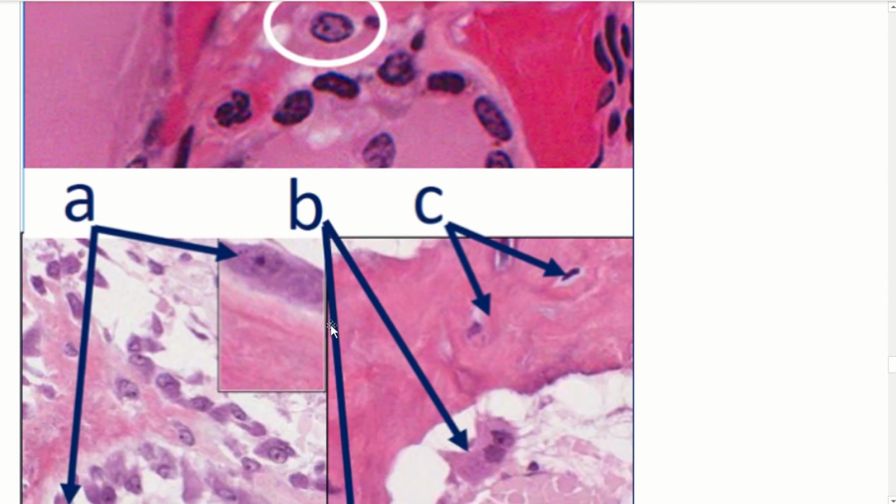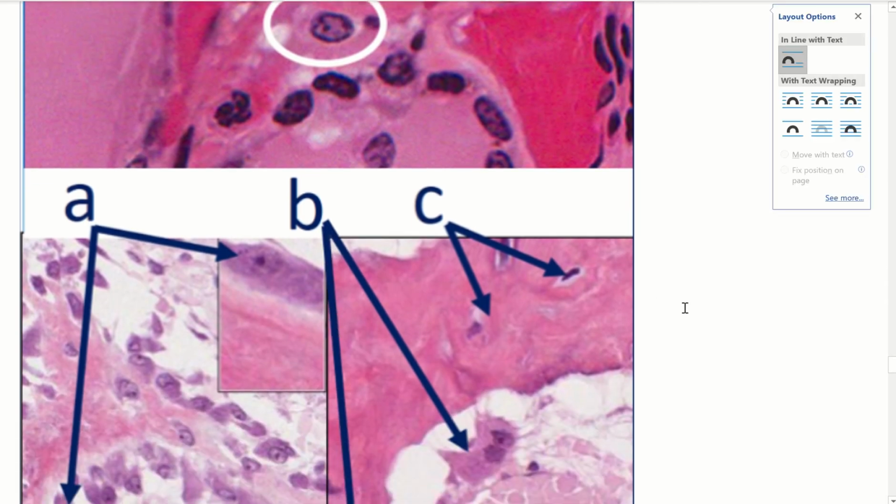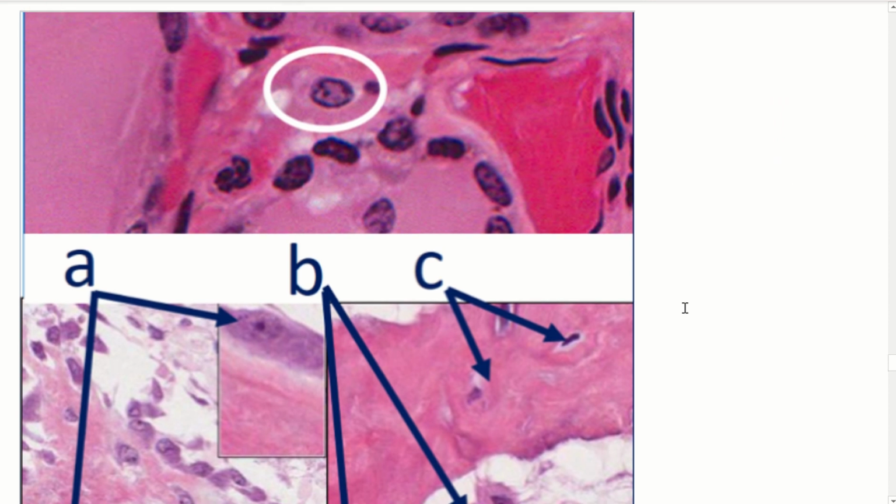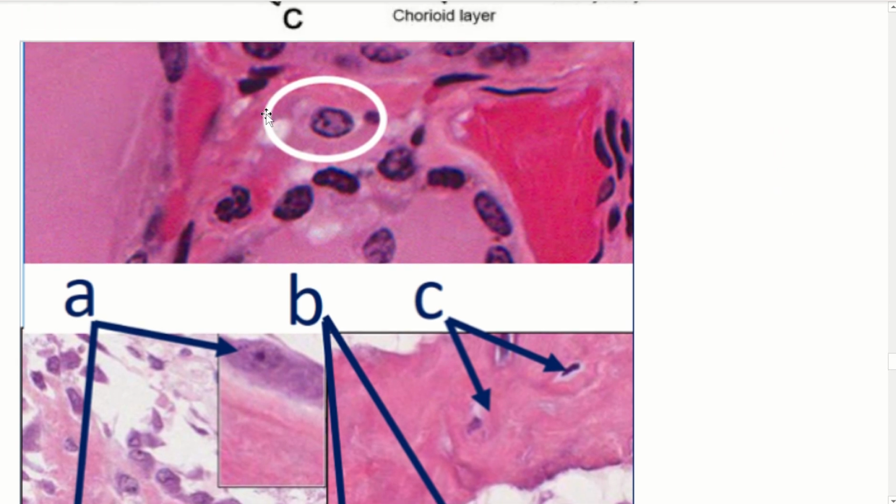Okay, this one, remember that exact picture from the other review, right? This exact picture with this white circle. So remember we said this is in the thyroid gland, and this is a parafollicular cell, right? These would all be follicular cells, and in between the follicular cells would be parafollicular cells. And remember what we said the parafollicular cells make is going to be calcitonin.